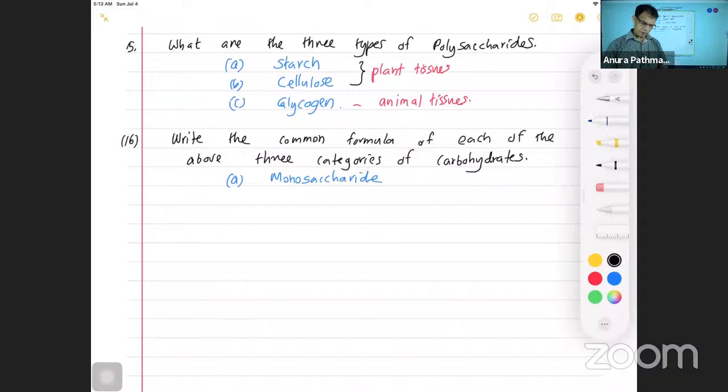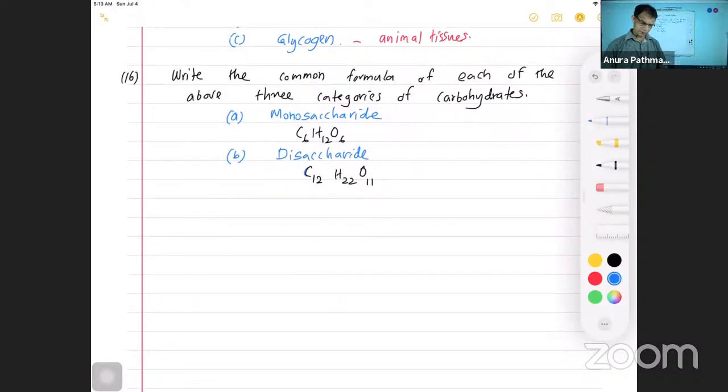What is the common equation? C6H12O6. Then disaccharide. C12H22O11. And the last, polysaccharide. C6H10O5.